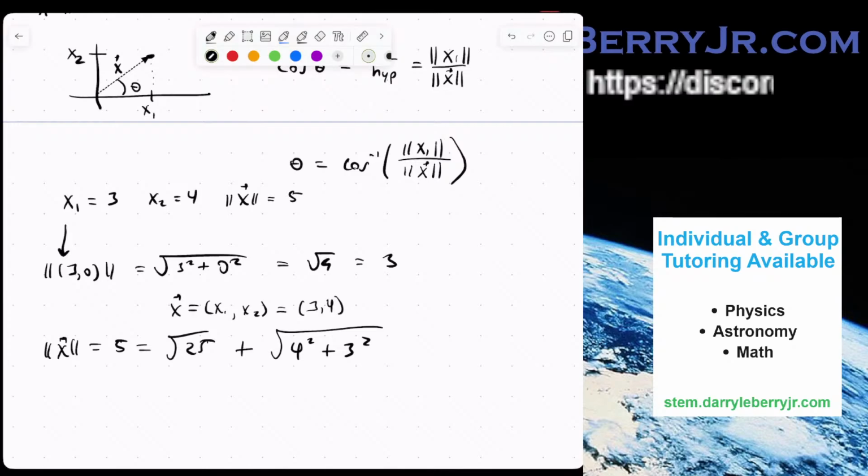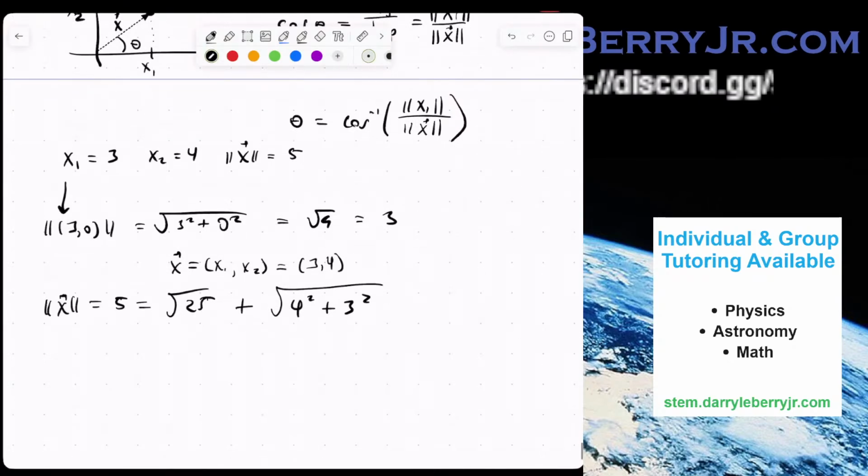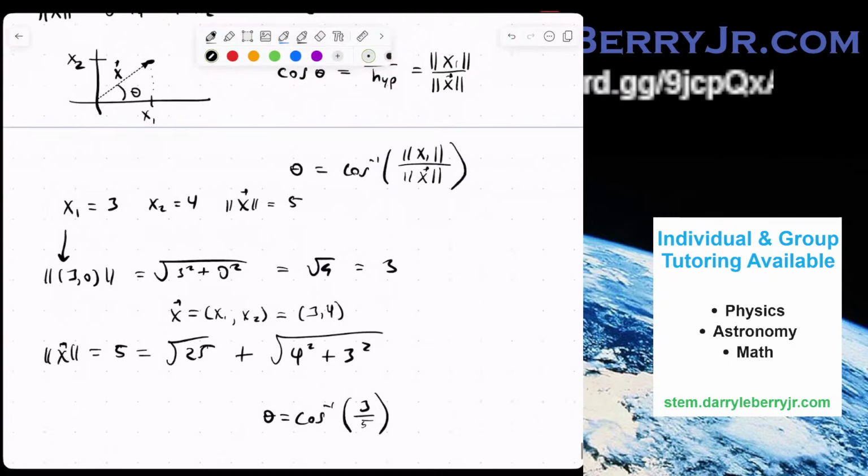So of course it is going to be the square root of 3 squared plus 4 squared. So that's working out. So the magnitude of that is 5. So we have theta equals cosine inverse of 3 over 5. And we know that that works out. So that makes sense.